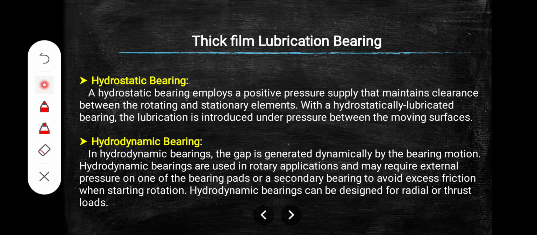Hydrodynamic bearings can be designed for radial or thrust loads. As said, in rotary applications we use hydrodynamic, while for linear motion we can use hydrostatic bearing. Hydrostatic bearings are mainly used in machine tools like horizontal boring machines, plano-miller machines and heavy plano-miller machines.